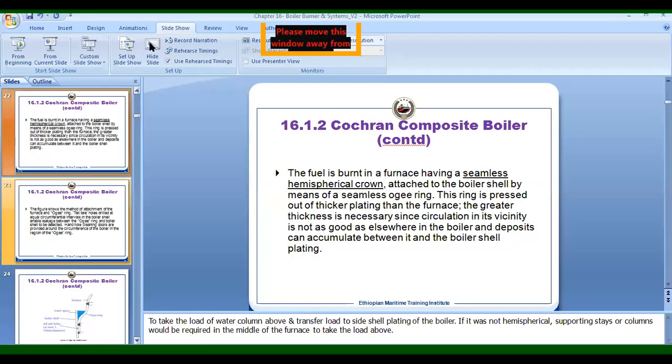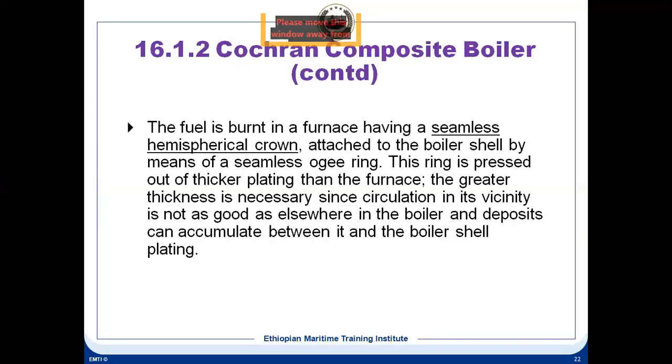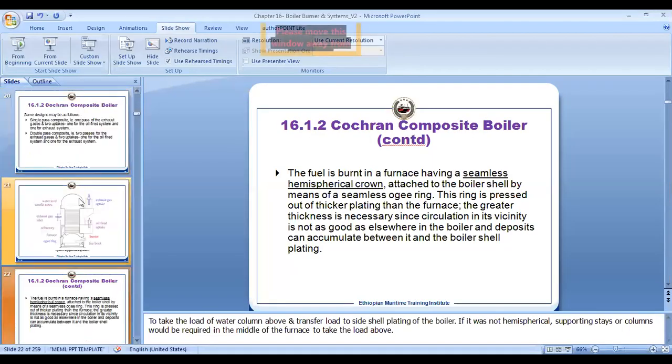Now, the reason why we need to have a hemispherical crown is, if we had a flat crown above the, let's go back to the diagram.